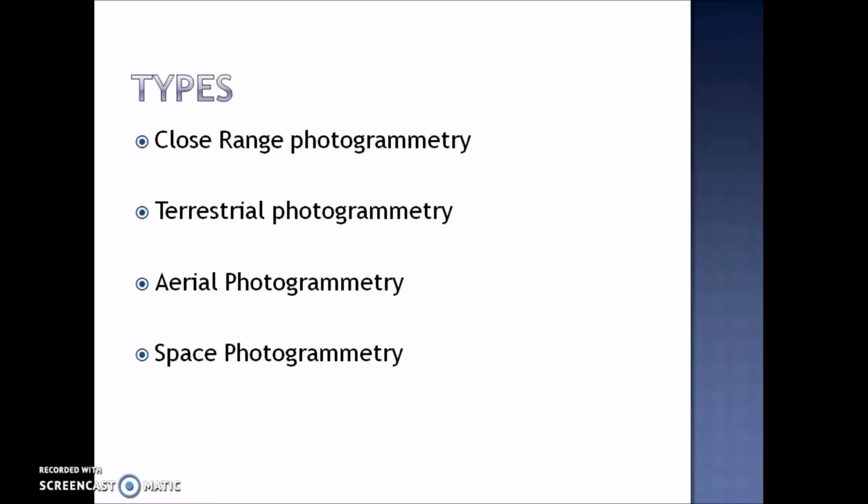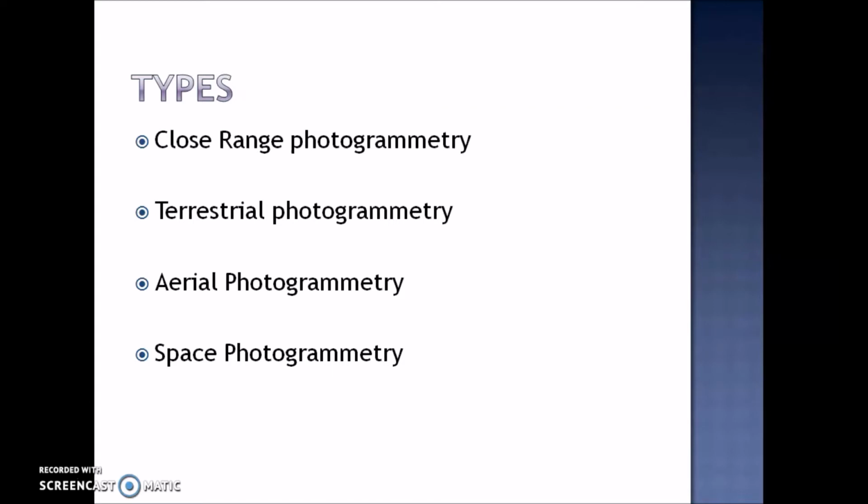How many types of photogrammetry are there? The types are close range, terrestrial, aerial, and space. Close range is what we opt for to see very near distances.